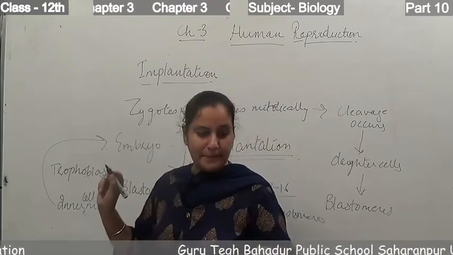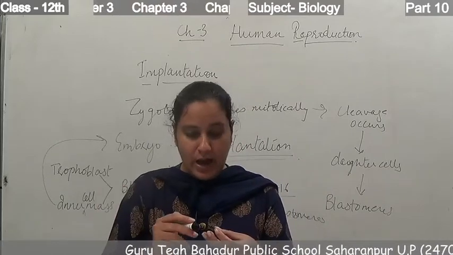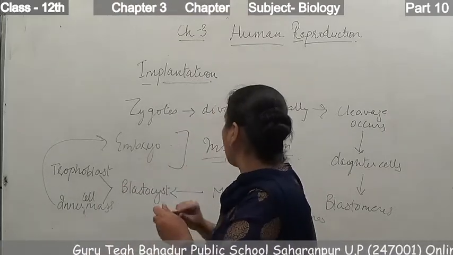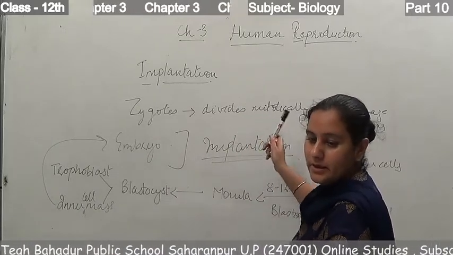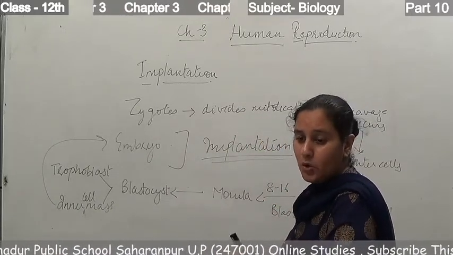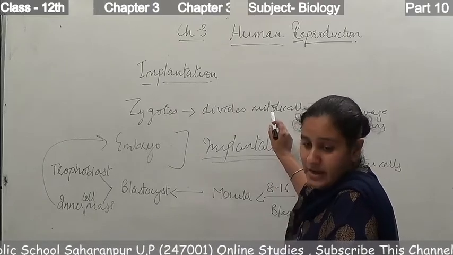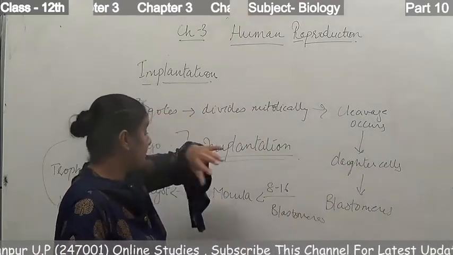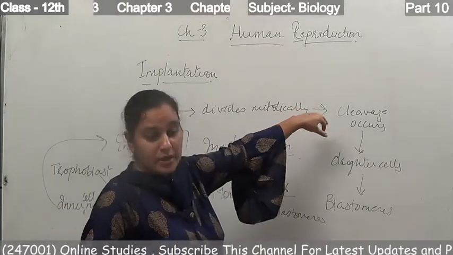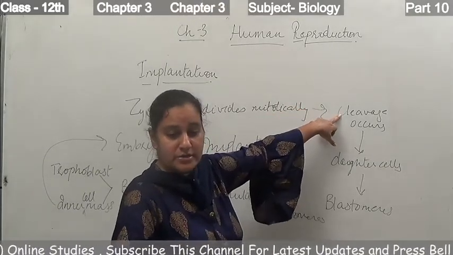So what happens after the fertilization? After the fertilization, when the zygote is formed, it divides mitotically and moves from the oviduct towards the uterus, and there occurs the first cleavage.